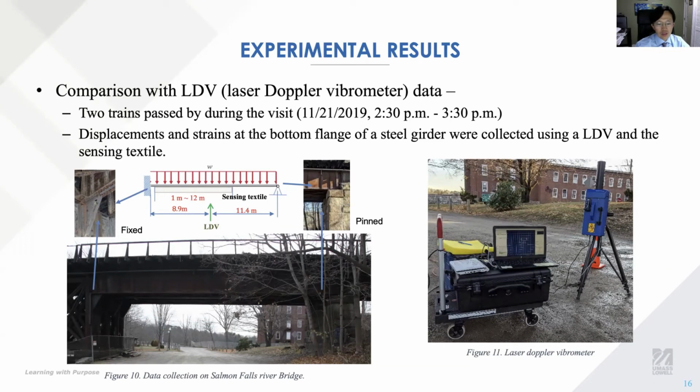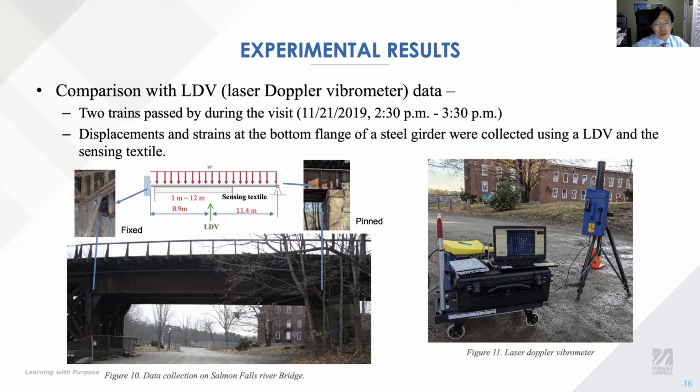This LDV has a velocity resolution of 1.7 nanometers per second, displacement resolution of 0.05 picometers, and 1.8 micro G in acceleration. The bandwidth is 10 megahertz. Measurement distance can be up to more than 300 meters.